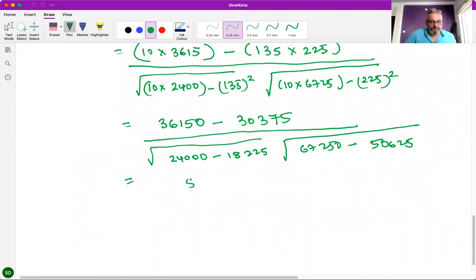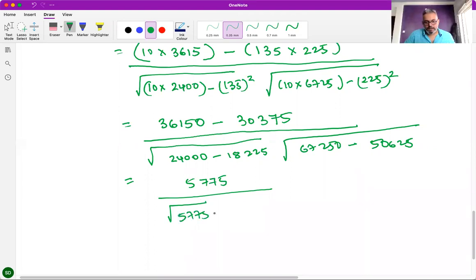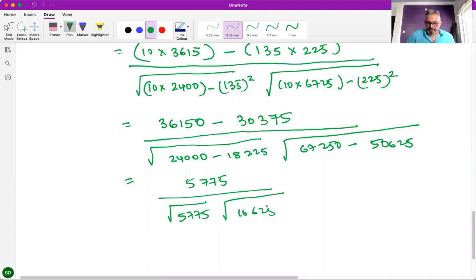5775 upon under root 5775 again, 5775 under root 16,625.